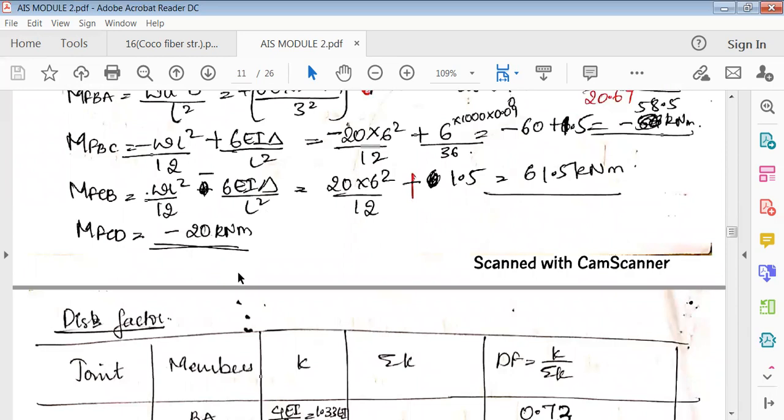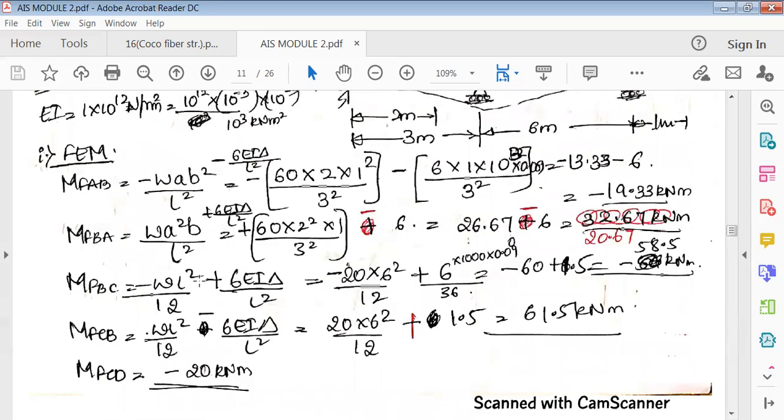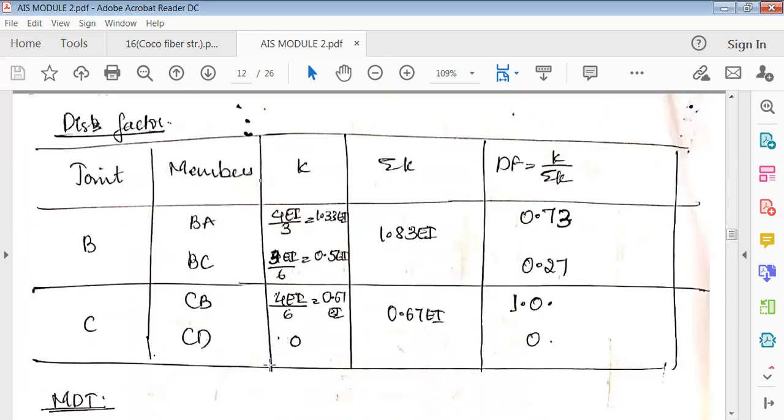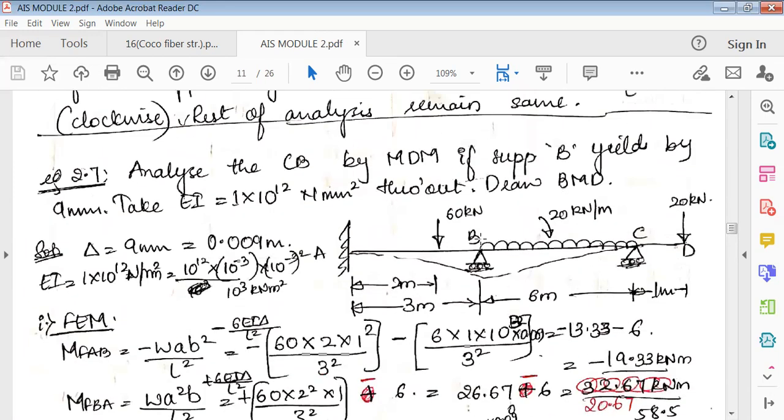So once you find the fixed end moments, next is again same as usual: distribution factor, moment distribution table, followed by the final end moments. The only correction for a sinking support in the moment distribution table is you have to make these corrections here, 6EI delta by L square. Okay, next is distribution factor. In BC, joint B: BA, BC; joint C: CB, CD.